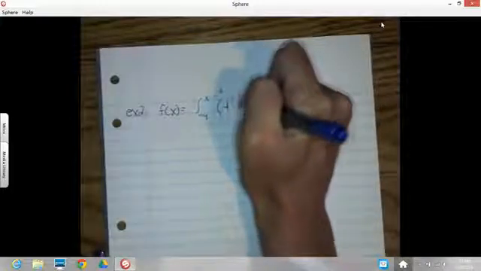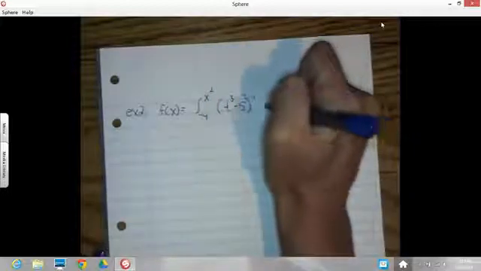Same directions, find the derivative. If f of x equals the integral from -4 to x squared, so we've got our constant and our letter, letters match here, of the quantity t cubed minus 5 to the 4th power dt.